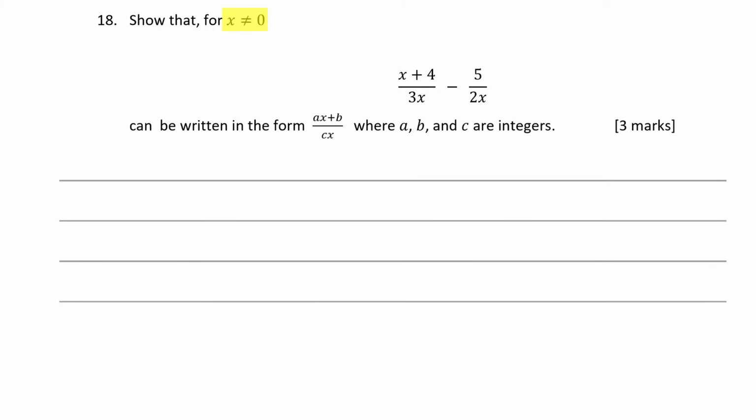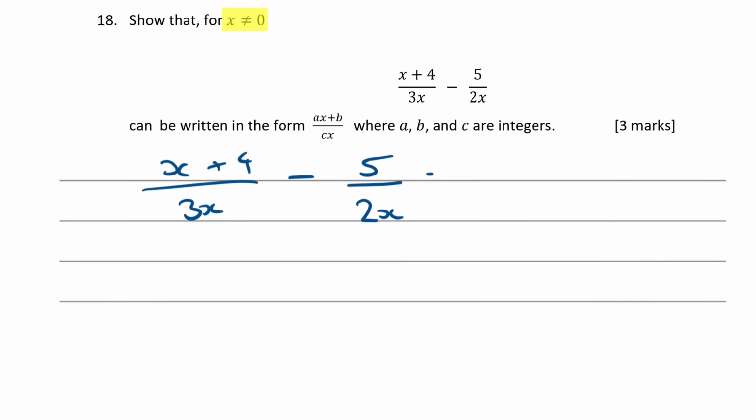Right, so what we want to do is we want to take these two fractions and put them over a common denominator then, don't we? Now normally with fraction subtraction, that's what you do. You would take your two denominators, you would find a common denominator, and then scale up your numerators accordingly. And we're going to do the same thing here. So I've got (x plus 4) over 3x minus 5 over 2x.